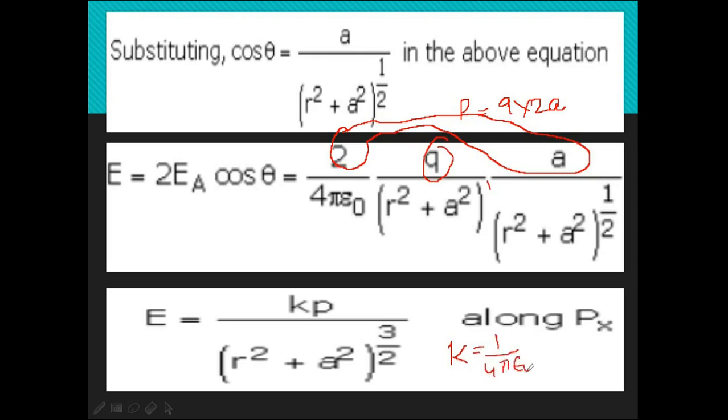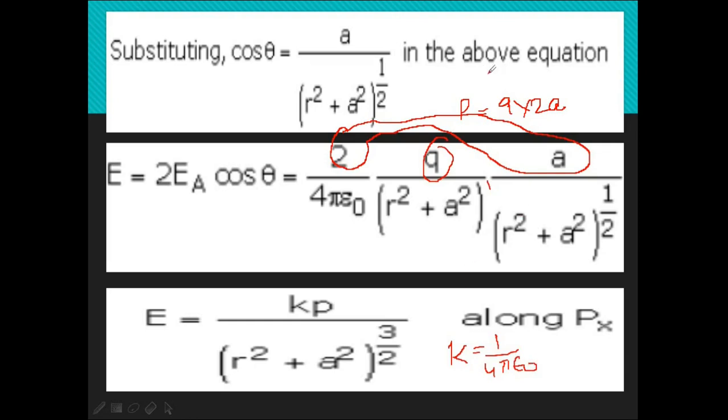Now here we know that P is equal to Q into 2A. Here this is Q and this is 2 into A. Now this is equal to P. In the next step, K is equal to 1 upon 4 pi epsilon naught, means the value of K is equal to 1 upon 4 pi epsilon naught.